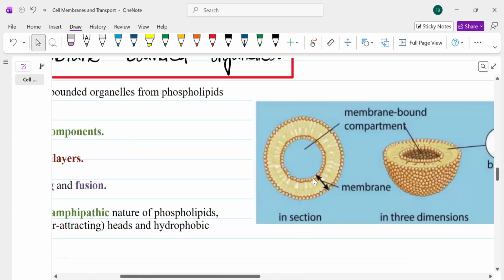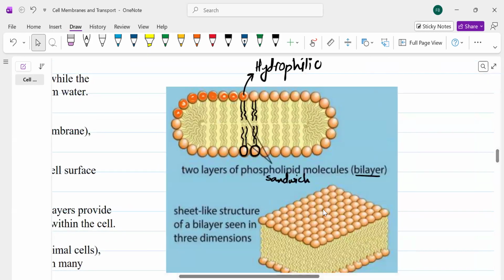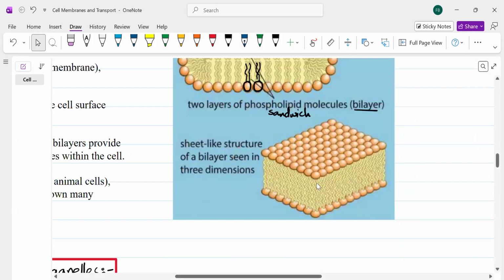This makes one layer. This is a three-dimensional arrangement, you can say it looks like a sheet-like structure. So this will form one membrane, and in the nucleus and mitochondria you have two membranes. Those two membranes collectively form the outer membrane of the nucleus and of the mitochondria.